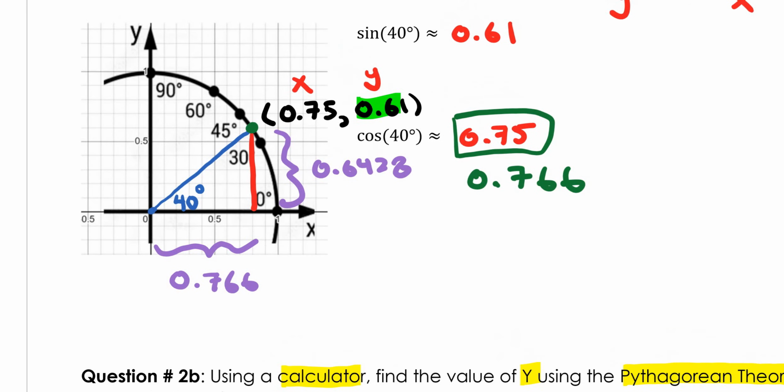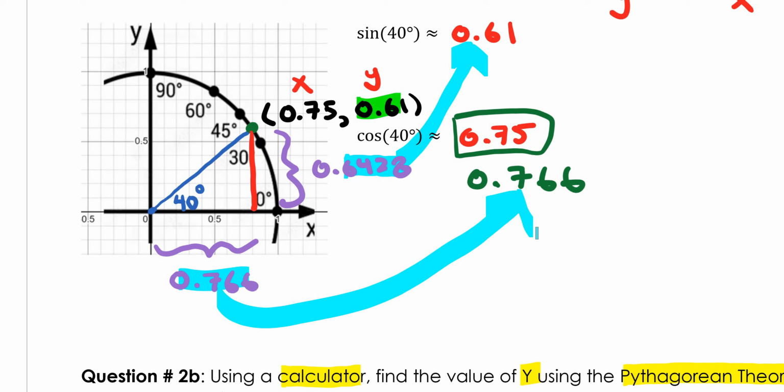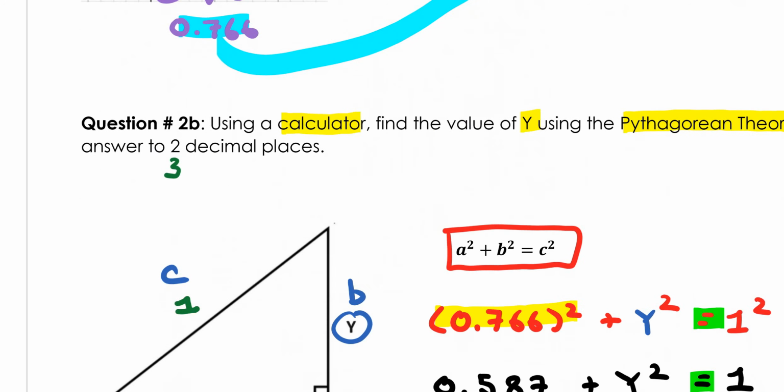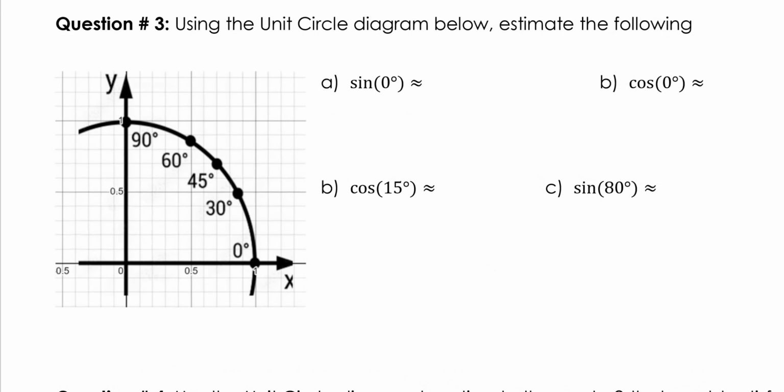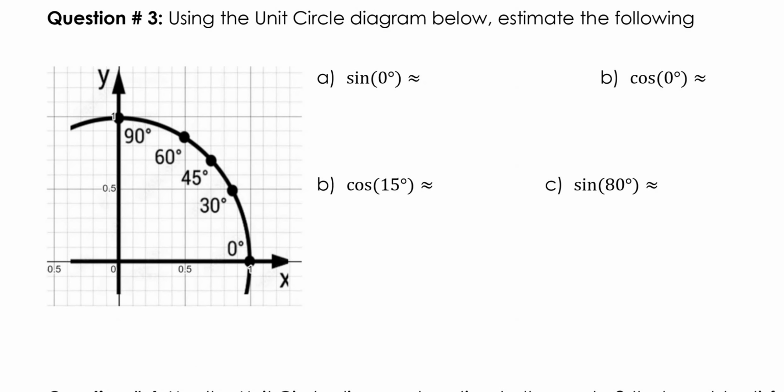Right, so this answer is very similar to that. We're just estimating here, and if we want the exact answers, we would have to go to a calculator to get the correct answers to 2 or 3 decimal places. So a lot of estimating for this homework assignment, and once we get into the future spiral questions, we'll be able to get the exact answers here.